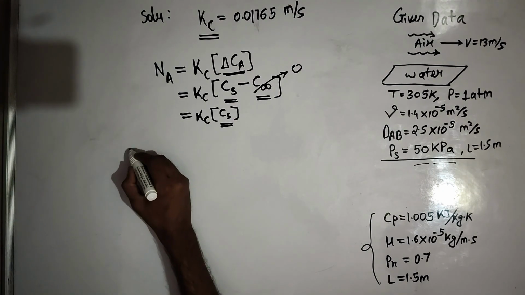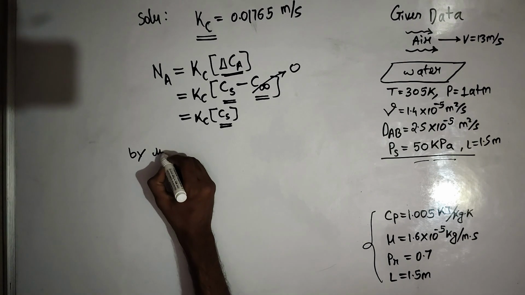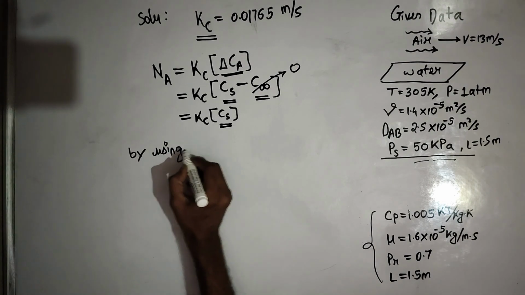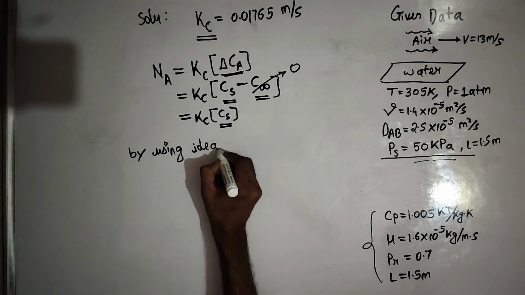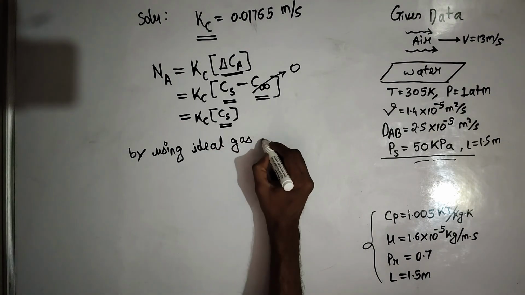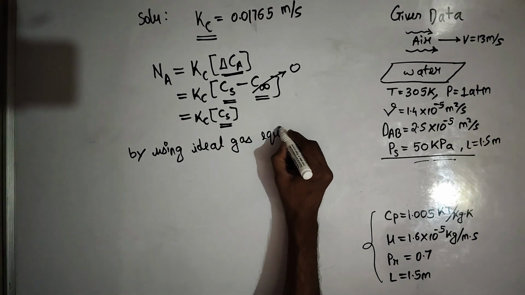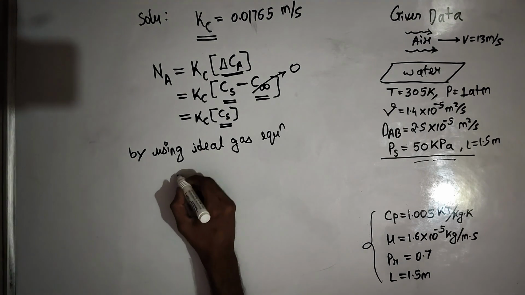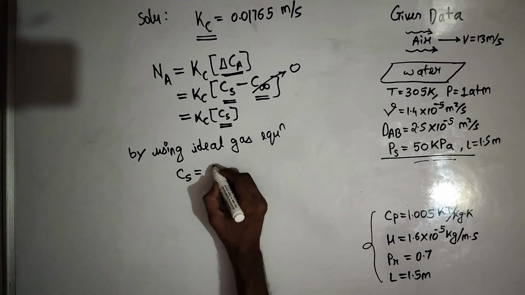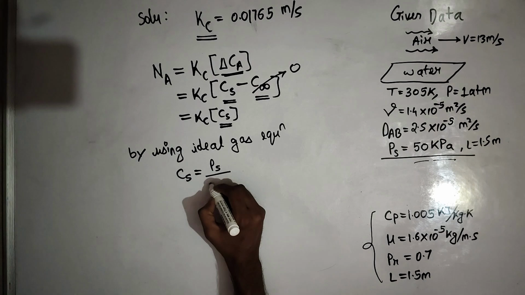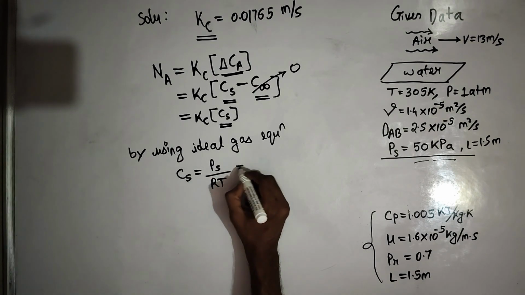So by using the ideal gas equation, we get Cs equals Ps by RT.